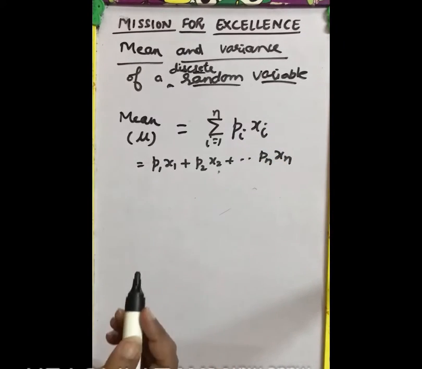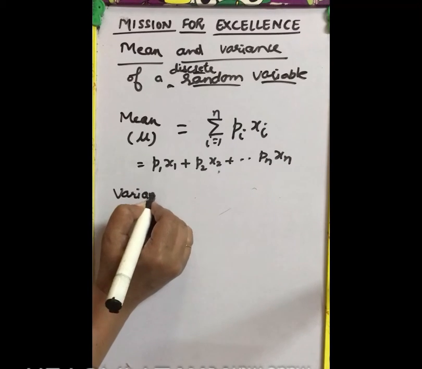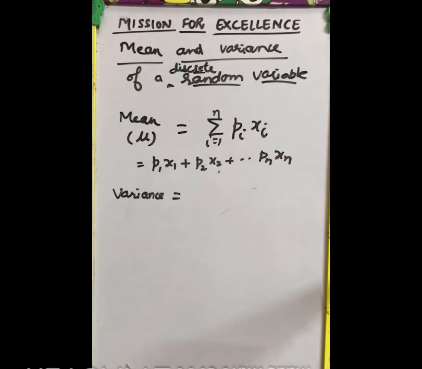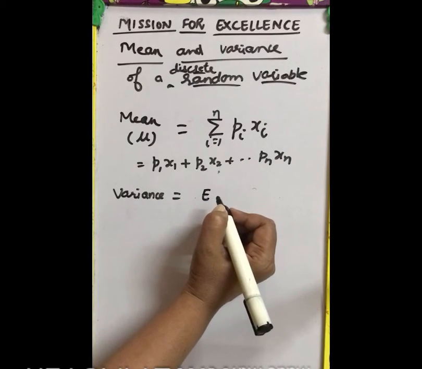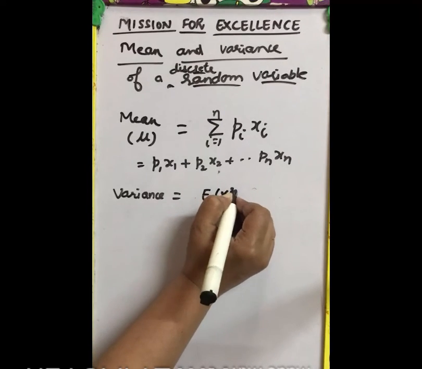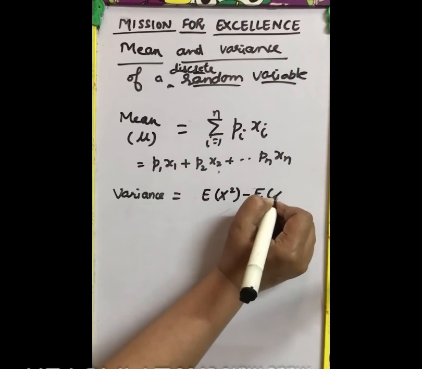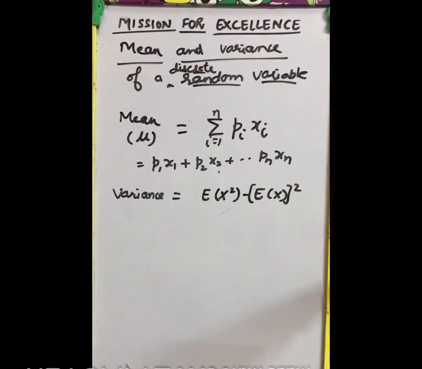So this is the mean, and variance is defined as expectation of x square minus E(x) whole square, where E(x) is nothing but this mean.